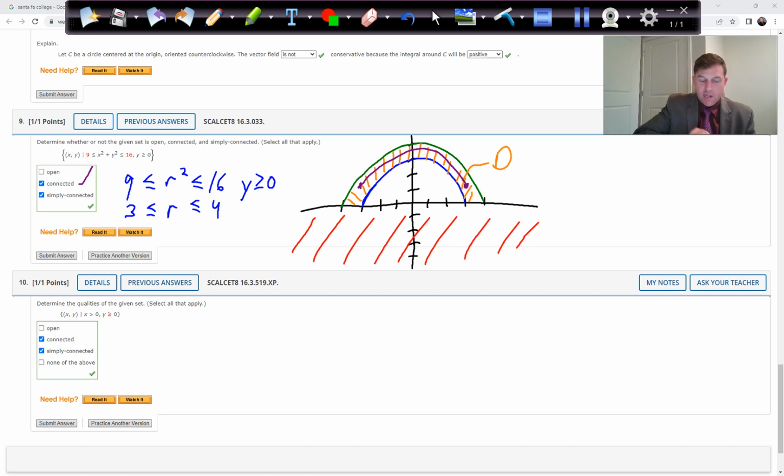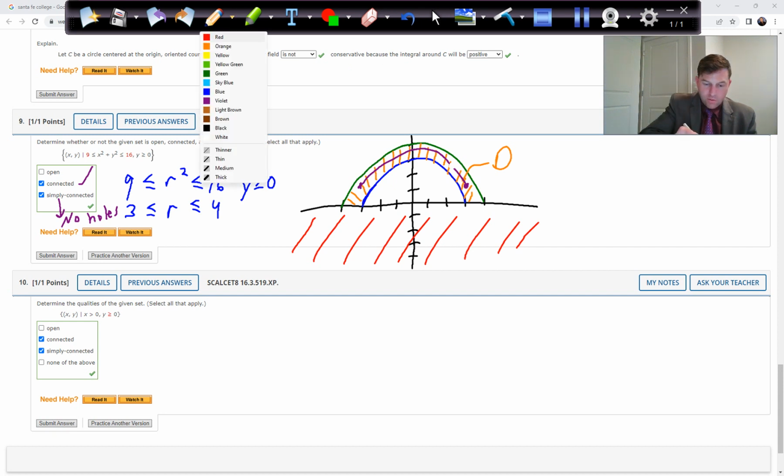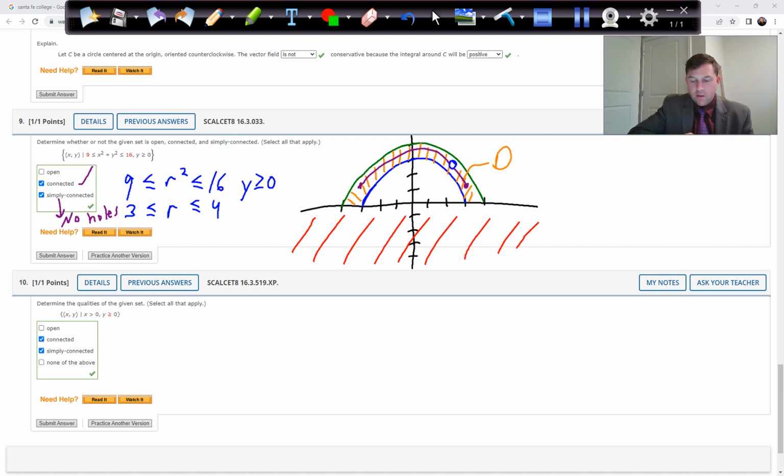Simply connected means it has no holes. For example, there might have been a situation where inside of D there was a hole, and that makes this a little different, so it's not simply connected anymore.